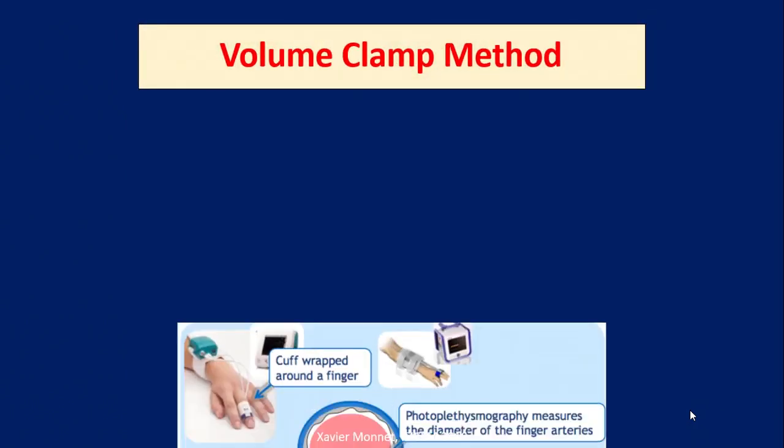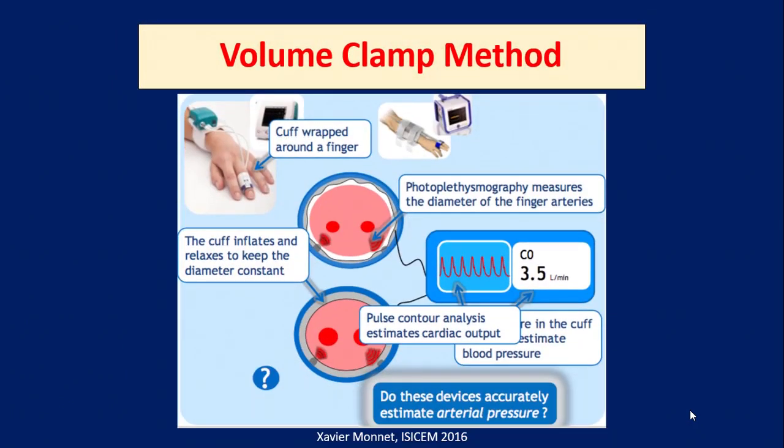The volume clamp method is also coming up from a few companies. In this, there is a cuff which is applied over a finger. Photoplethysmography measures the diameter of the finger arteries. The cuff inflates and relaxes to keep the diameter constant. What is happening?